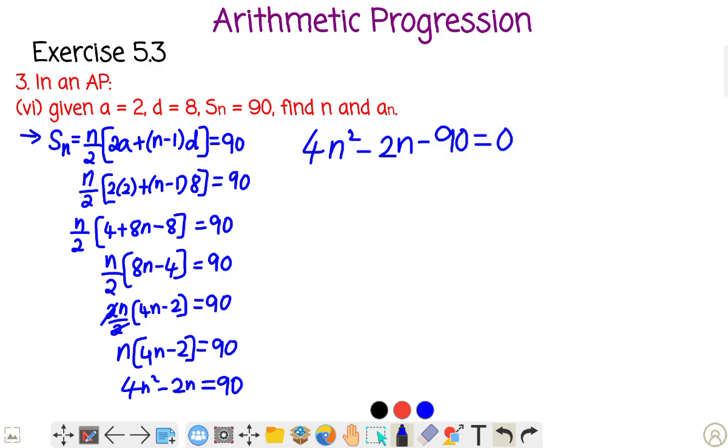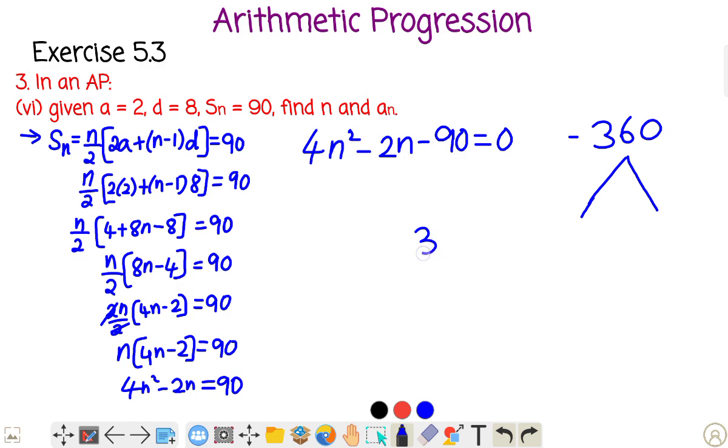So now you have to do it with the factorization method. So 90 into 4 will be 360. If you take the factors, you should take them in such a way that you get minus 2. So this is minus 360.